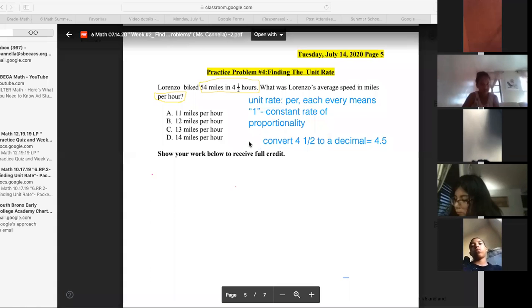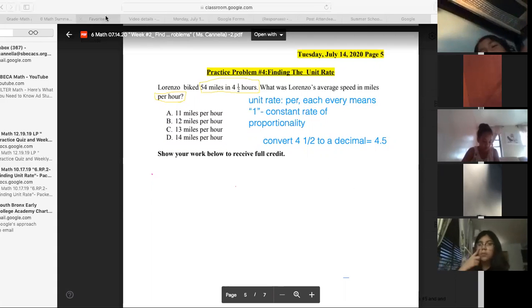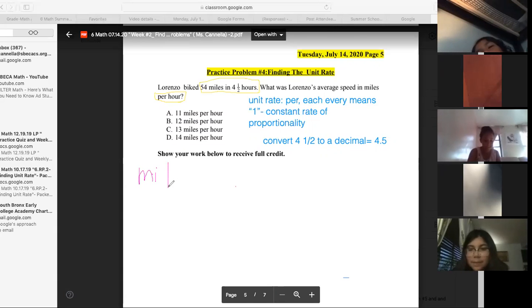I'm sorry, guys. All right, now that we know that 4.5 is 4.5, Amanda, what operation are we going to do now? Division. Great. What are we actually going to divide, Amanda? We're going to be dividing miles by hours. Good. Miles over hours.